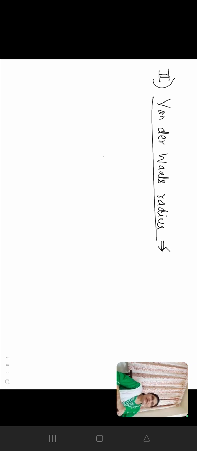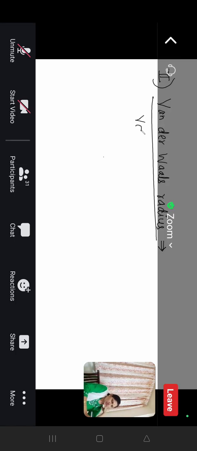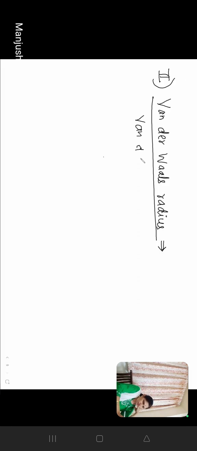Now we'll see what is van der Waals radius. This is a new name for you. Van der Waals radius is measured when there are van der Waals forces. Like in graphite, the sheet-like formation.